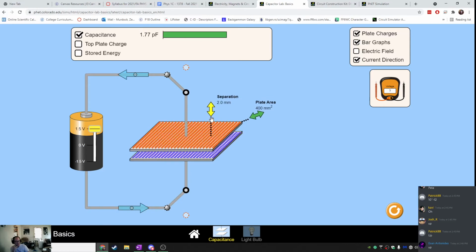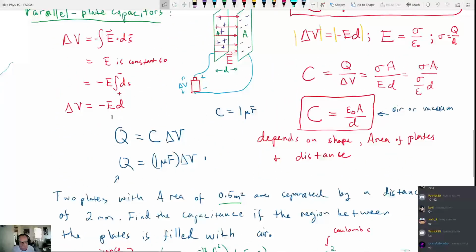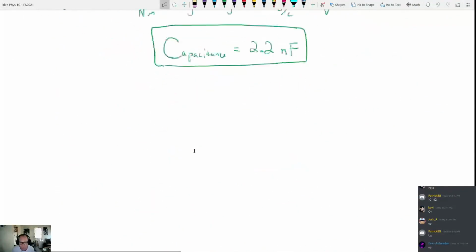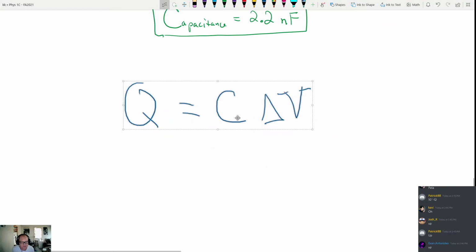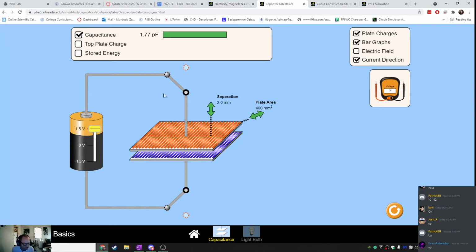But I just want to make sure you understand. This is the equation I like to think about here. Let's copy this one real quick. Here's your equation. This is all you need to know. Charge is equal to capacitance times voltage, right? If C goes down, but V stays the same, then Q has to go down. Charge has to go down. That's exactly what happens.